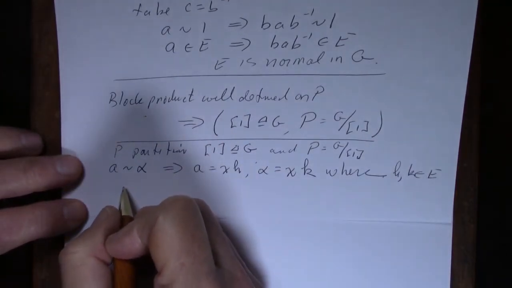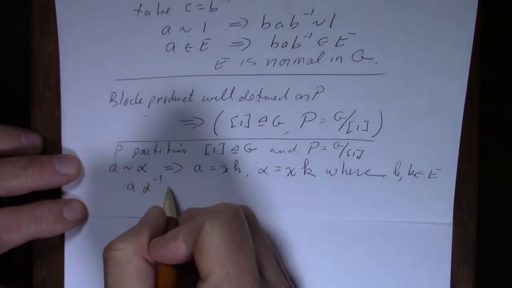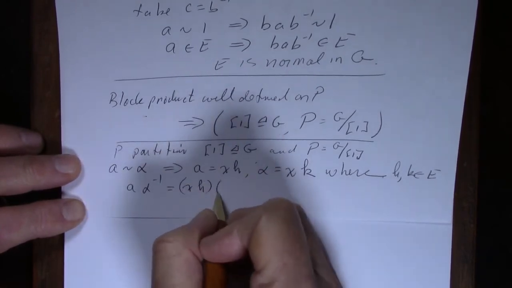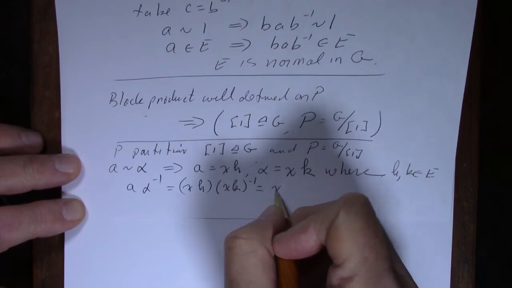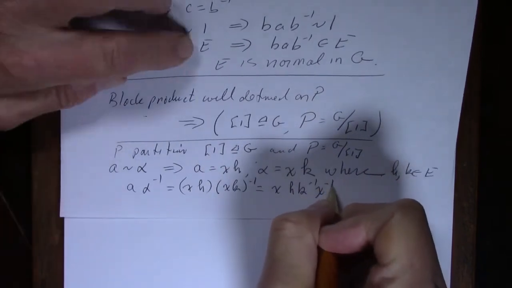And so if we take the product A alpha inverse, that's going to be xh times xk inverse, which is going to be xh k inverse x inverse.